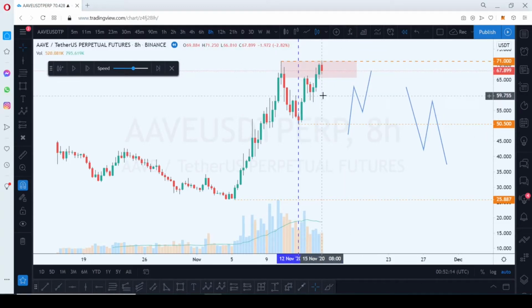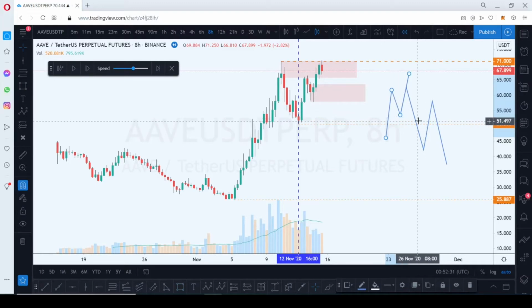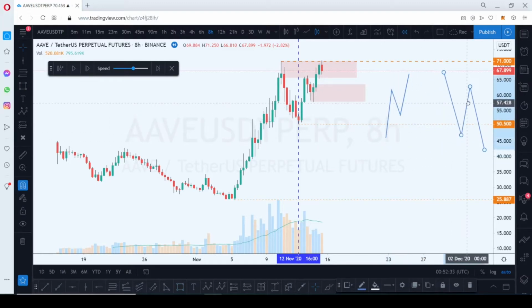But then in supply and demand, we want to see the candle that breaks the high as our demand. So this is a candle. Let me move this to the right, not to obstruct.